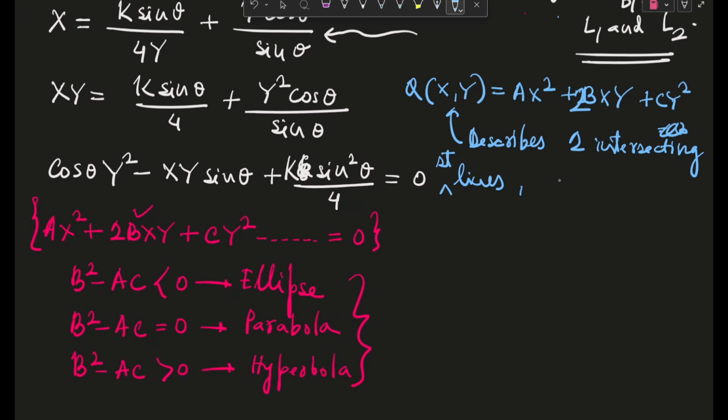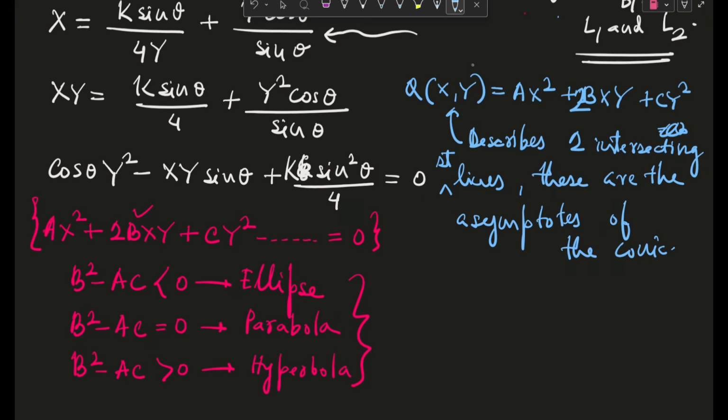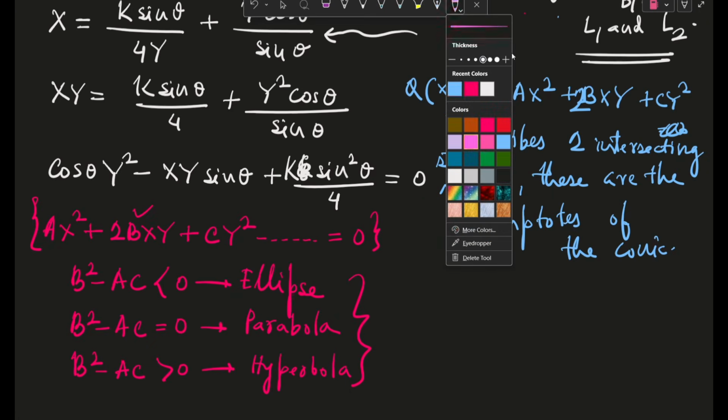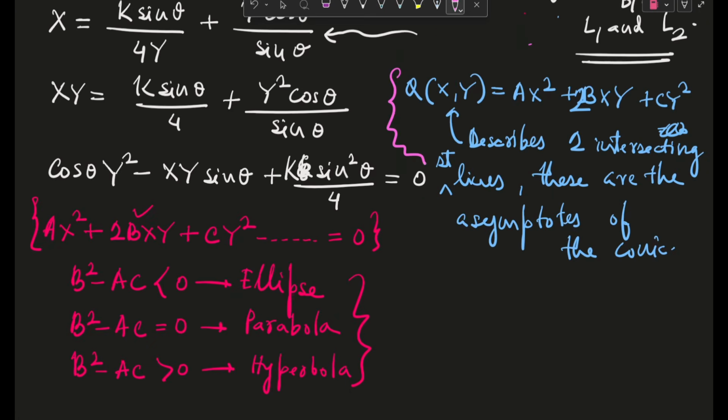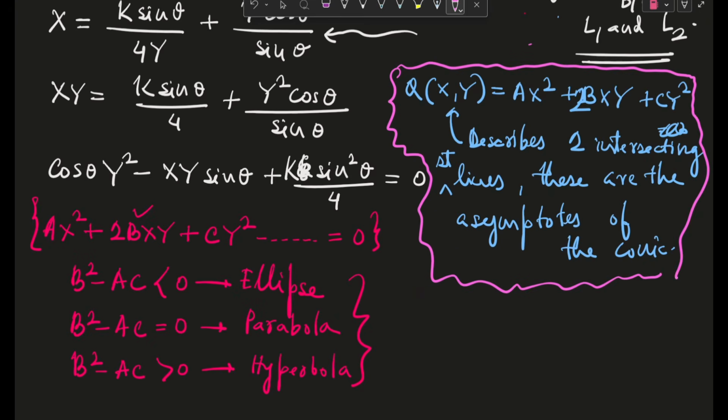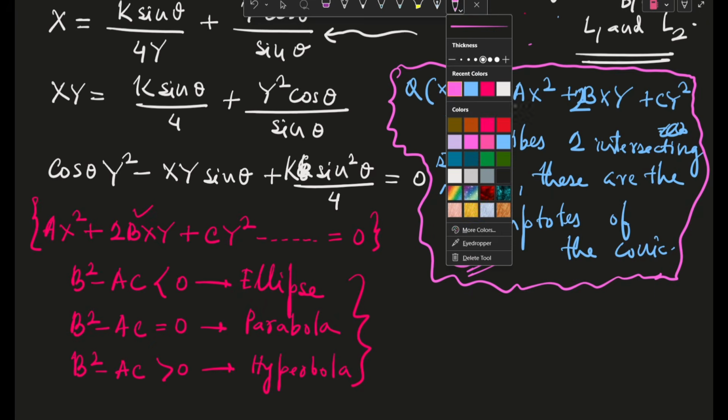And now, what are these two straight lines? These are the asymptotes of the conic. And this definition is very important. Okay, I will mark this in a different color. This definition that I wrote here, if you remember, very good, otherwise just write this down somewhere. This is a very important definition, specifically for this sum if you want to understand.